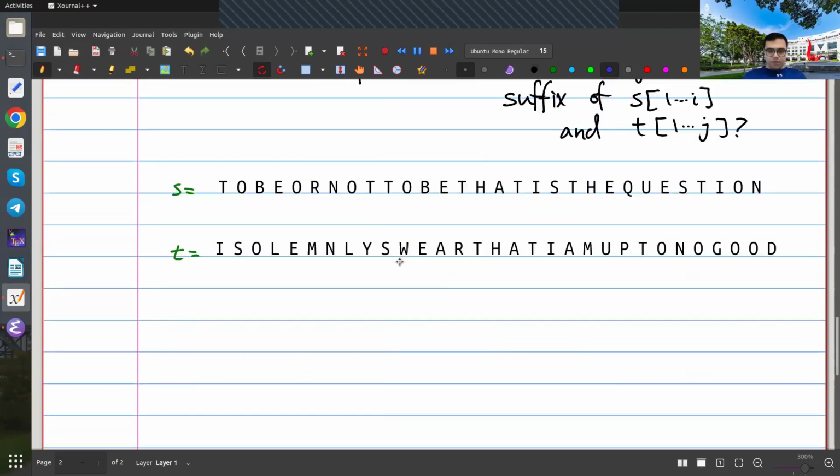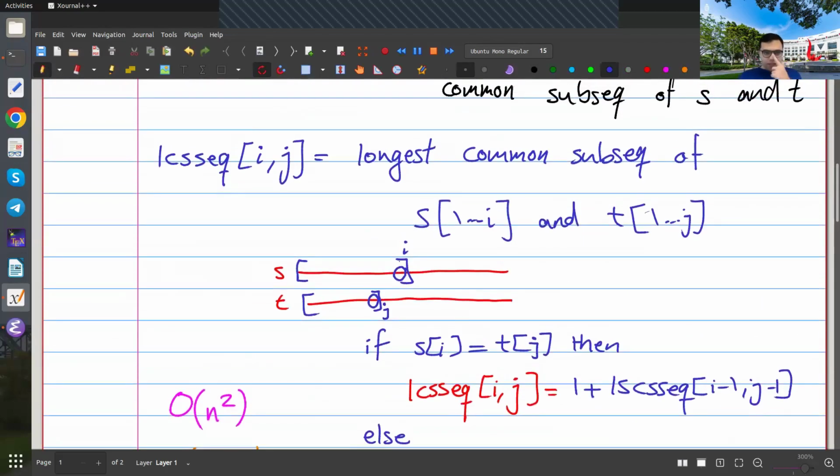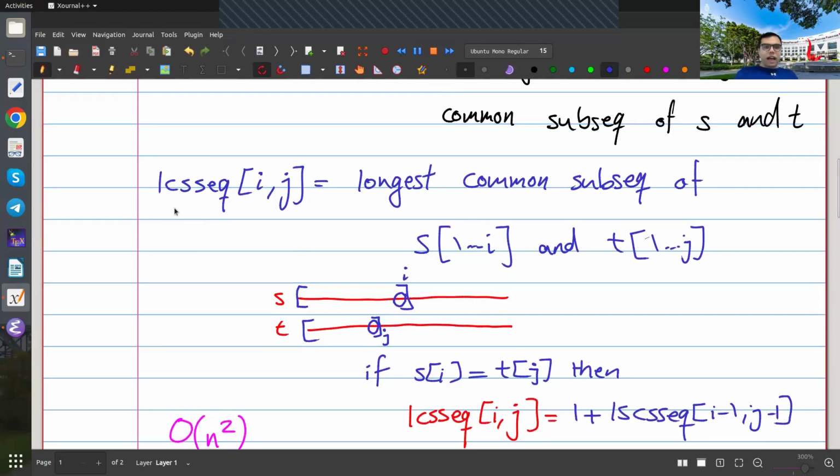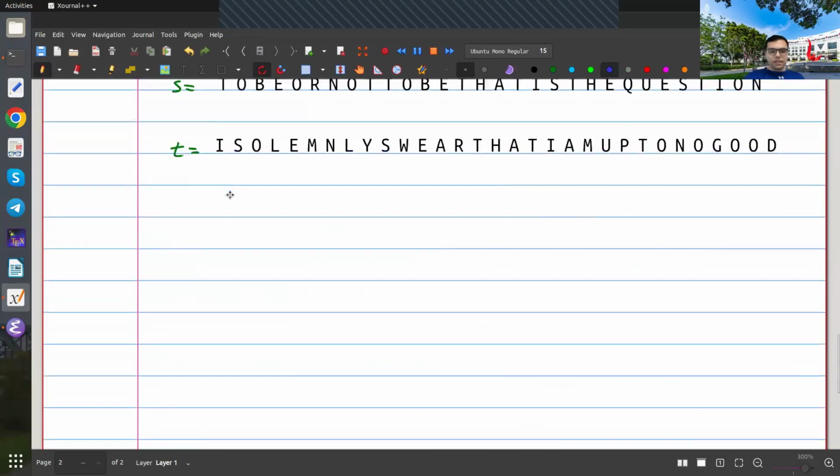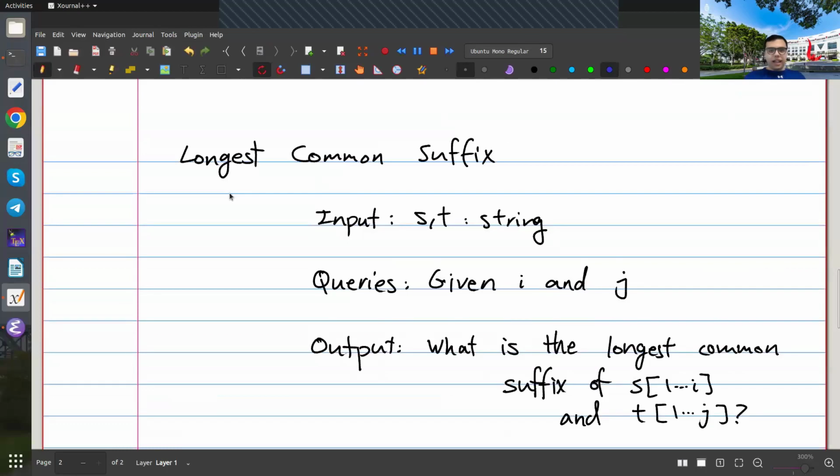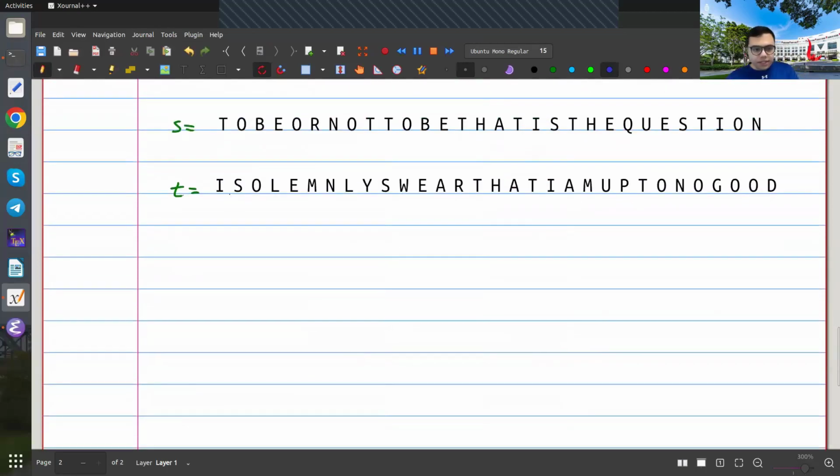Okay. So let's see if I can do something just like before. So I had the longest common subsequence. Can I have the longest common suffix?